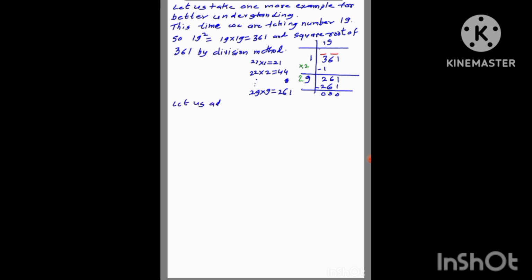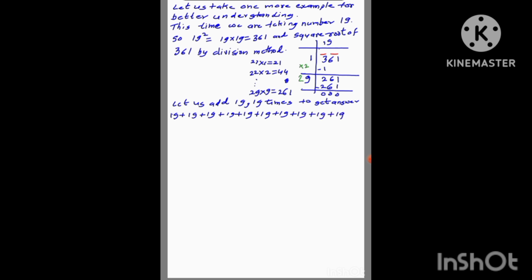We have found it 361 by multiplying 19 into 19. Now let us find it by addition method. That is, we have to add 19 times. So I am writing 19 plus 19 plus 19 plus 19, 19 times.